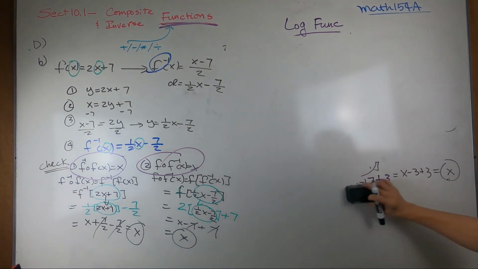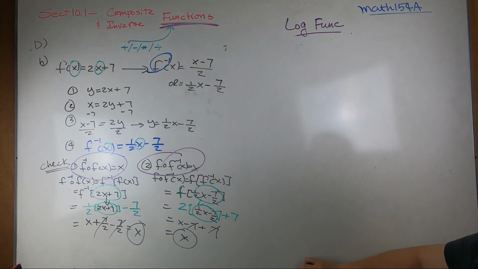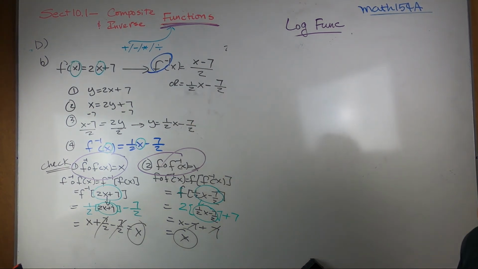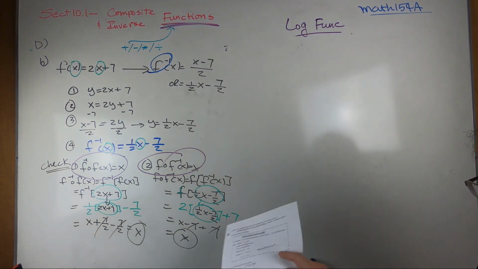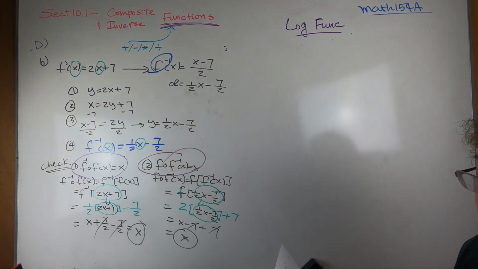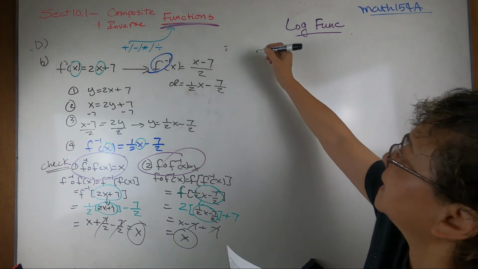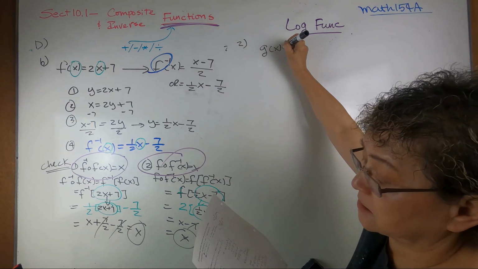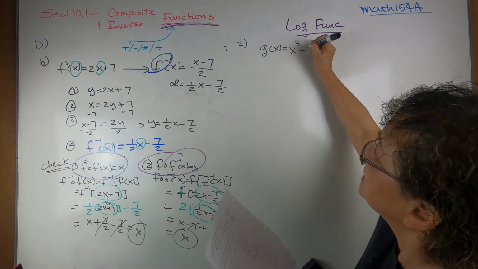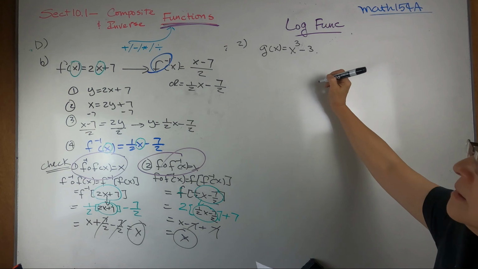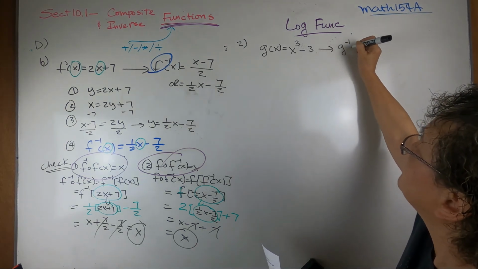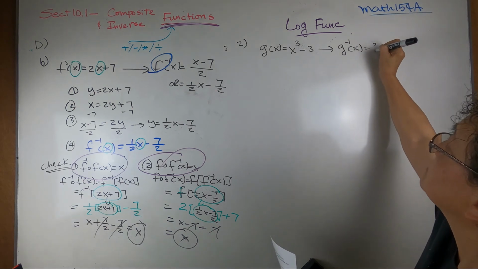All right. So for linear functions, we did it twice, so you got some idea. If you have g of x equals x cubed minus 3, then what's your G inverse? That was the question.